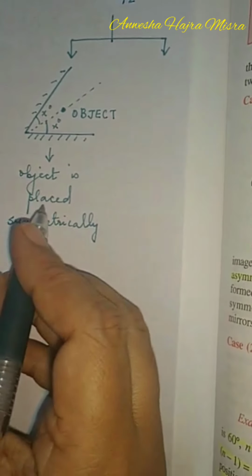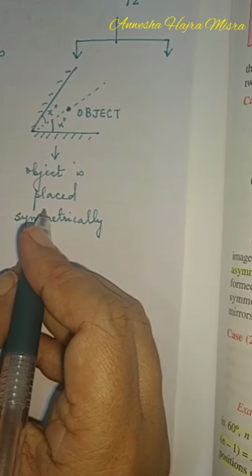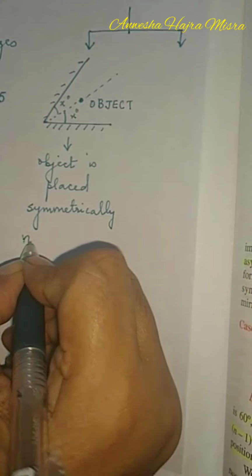If this angle is x degree, this angle will also be x degree. If the object lies on the bisector of the angle, then the number of images will be 5 minus 1, 4. It will be 1 less.